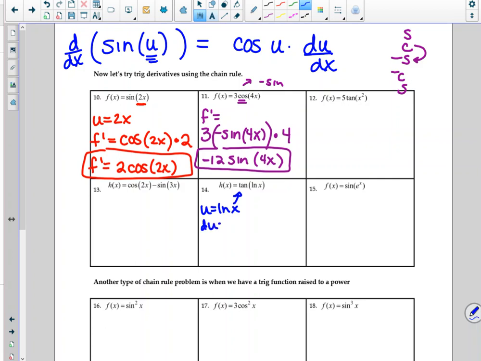So that the derivative of the natural log, hopefully we remember, is 1 over x. So when I take the derivative of the whole thing, the derivative of the tangent of u is the secant squared of the u times the du.